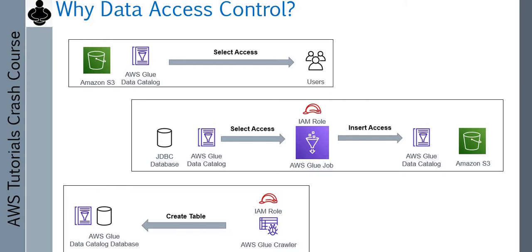So you can see whether a user is trying to access the data, or a Glue job is trying to ETL data from a source to a destination, or even a crawler is trying to create a Glue catalog table in a database, they all need permissions, and these permissions are given using AWS Lake Formation. That's why we are covering this topic upfront so that you understand how data access control works.